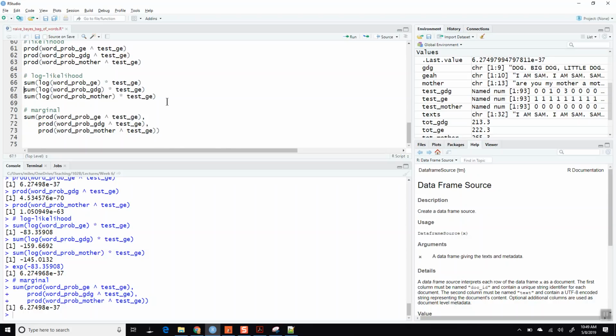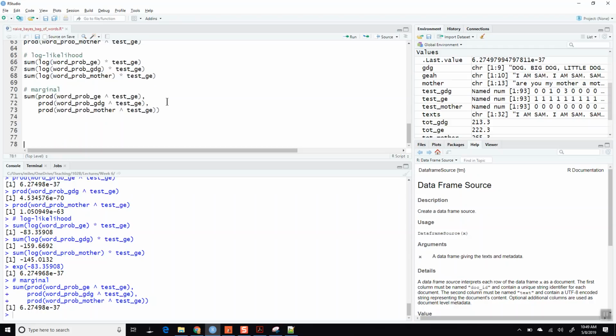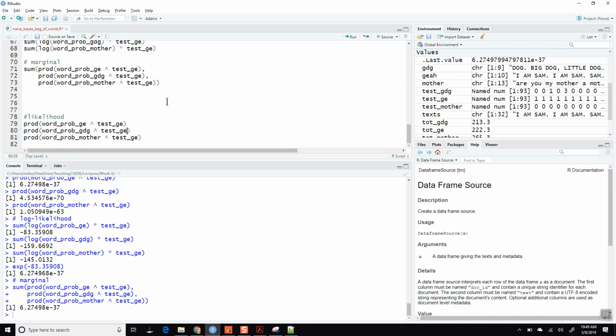And we could try this for any of the other test cases that I've done. So this was the test case where the true class is Green Eggs and Ham, but I can plug it in for Are You My Mother.